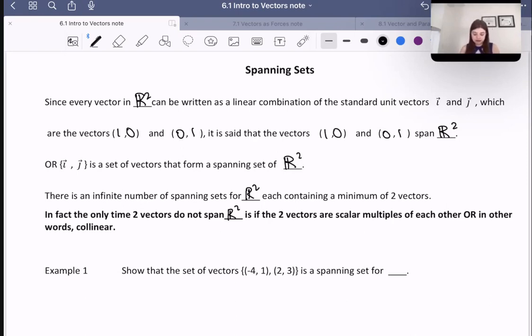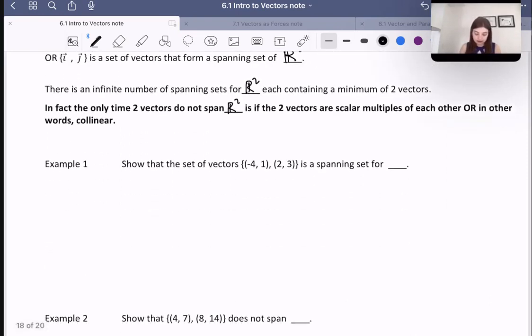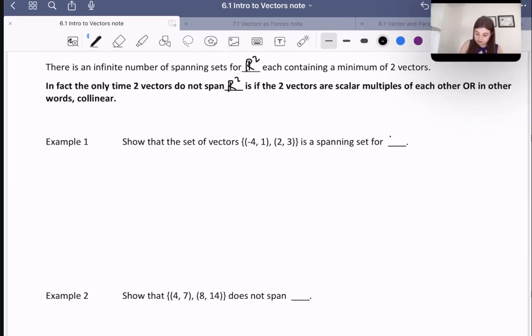So let's do an example here. We want to show that this set of vectors, (-4, 1) and (2, 3), is a spanning set for R2. So let's do it.